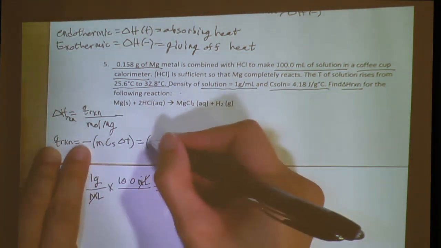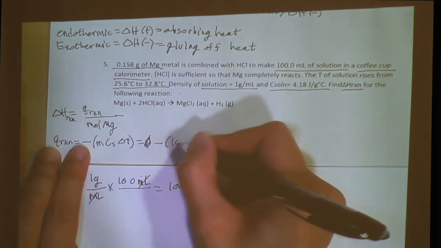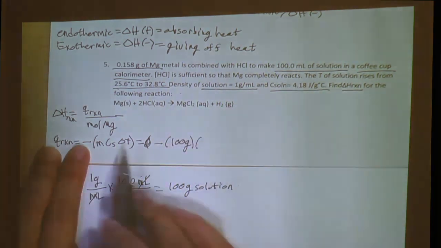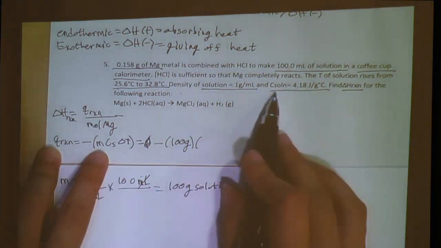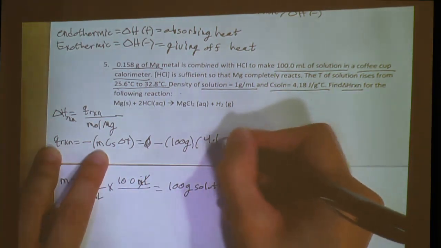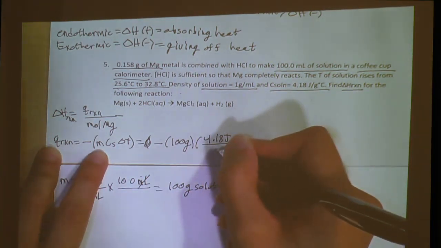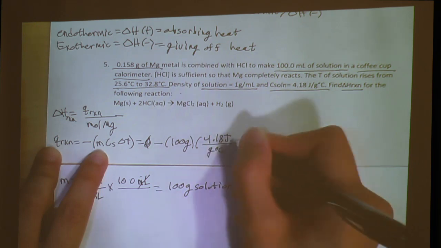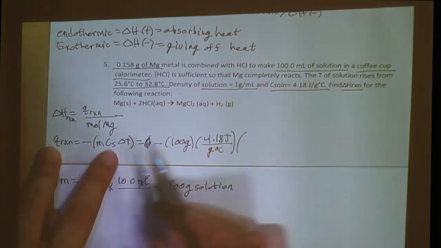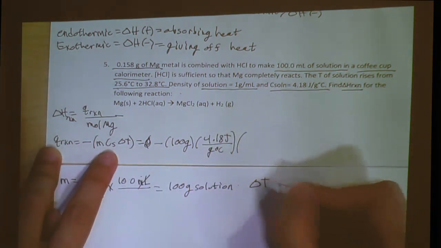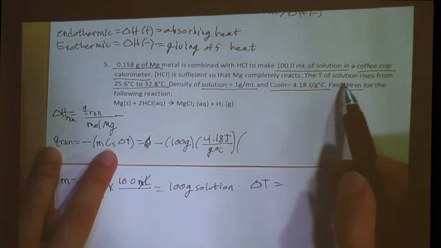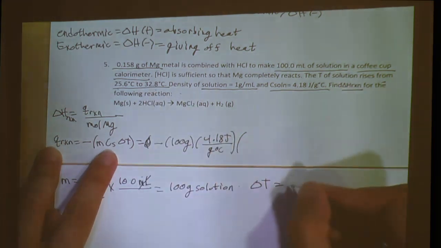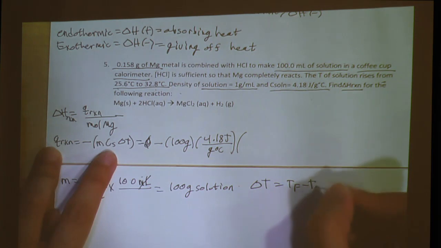So this is going to be negative 100 grams times the specific heat they give to us, 4.18 joules over grams times degrees Celsius, times change in temperature. I'll work out the change in temperature down here. So that's equal to temperature final minus temperature initial.